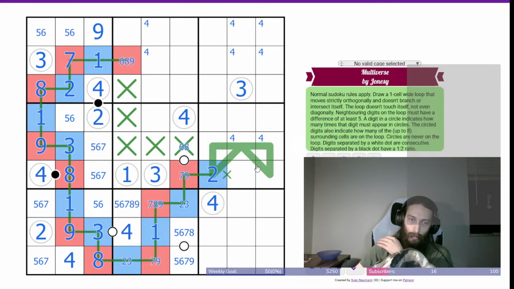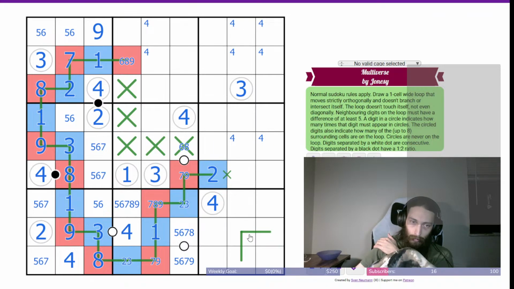Because I would need one more neighbor, and the only way to get one is to go through this one. Right? Yeah. So, I'd have to go around like that, but then it's not... Yeah. So, I have to cross here.